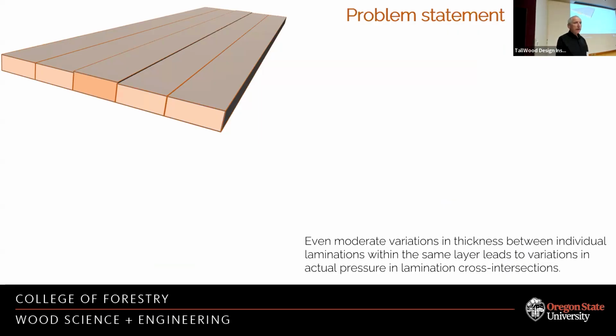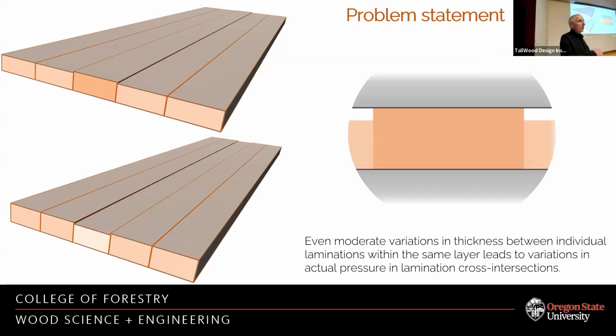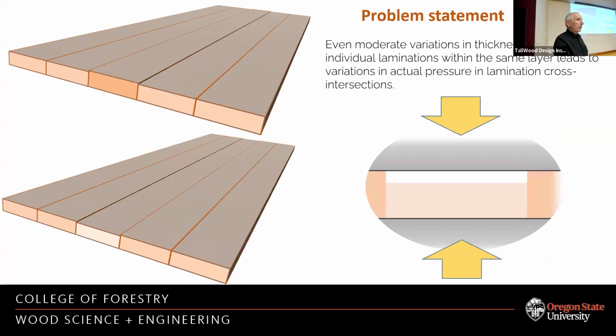If you like the slightest unevenness of thickness within the lamina, here color coding would be darker, would be like thicker, lighter would be thinner. You have trouble putting pressure on this layer, and it's the same whether the lamination is a little too thick or a little too thin.